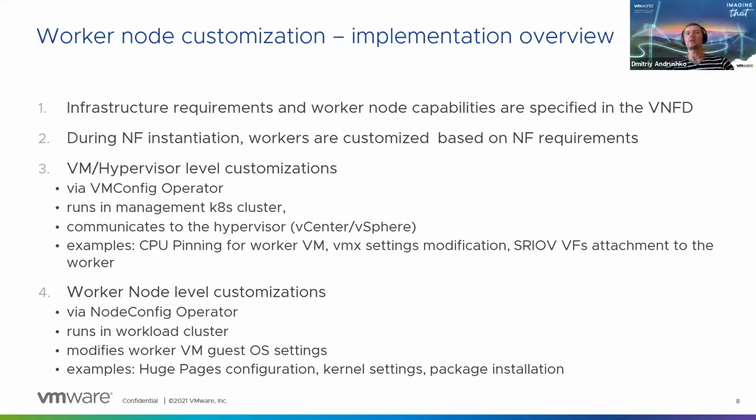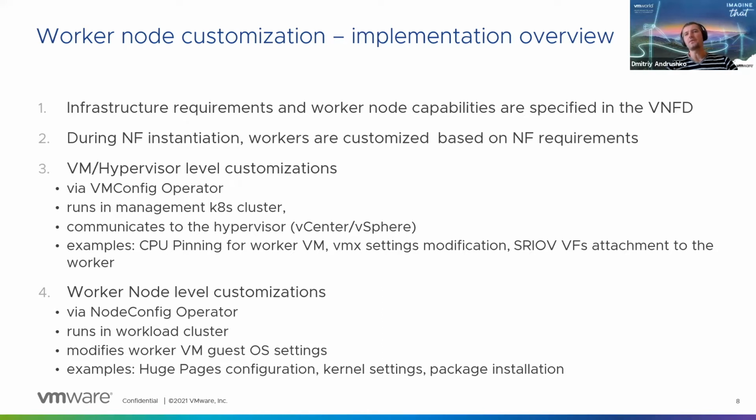For example, if you need real-time capabilities of the worker node. All such settings are made using a special operator called node config. And this is part of the Telco Cloud Automation tool, and it supports these and many more other features.